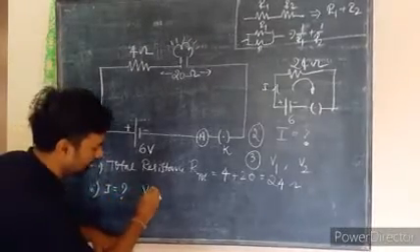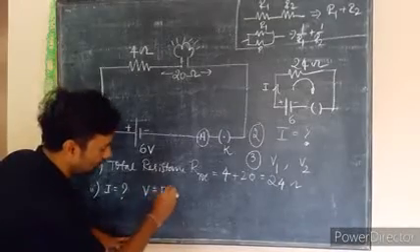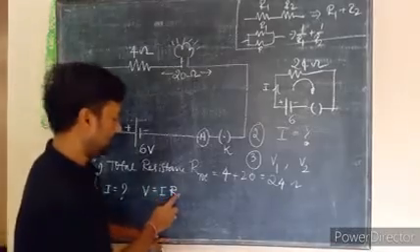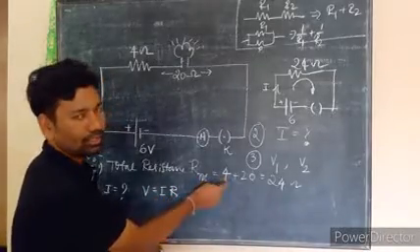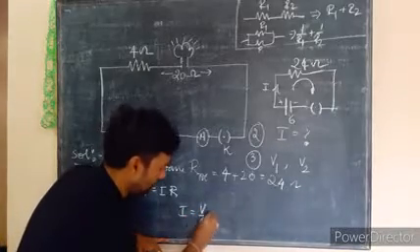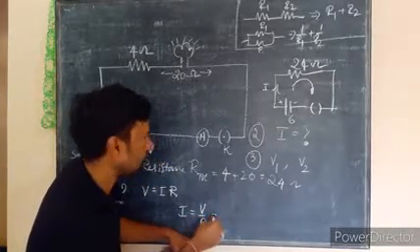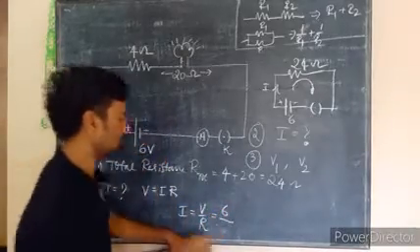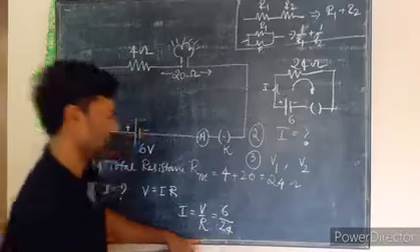We have the relation according to Ohm's law: V is equal to I R. R means you have to take the total resistance. So I we want, V divided by R. V is 6 volt, resistance you got as 24.